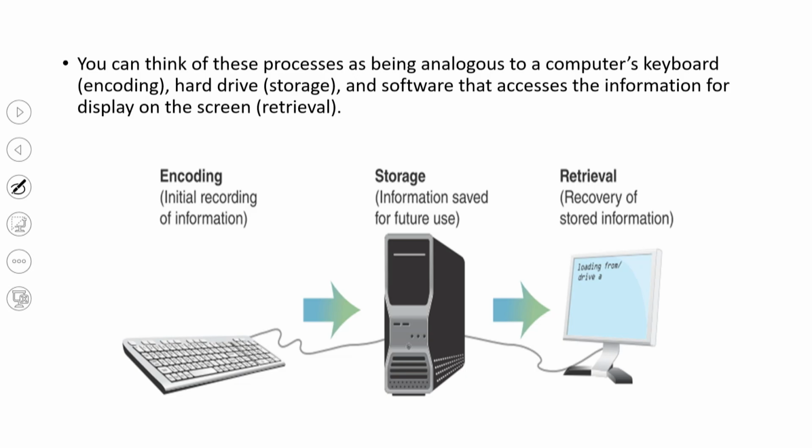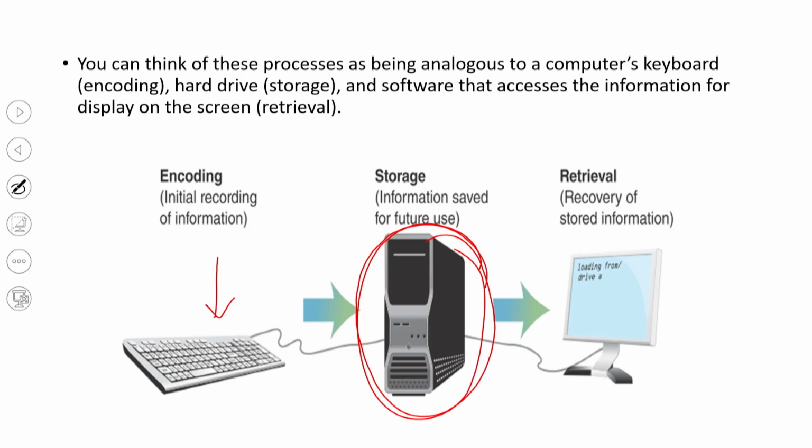How do you give data to a computer? Through the keyboard, you write and give whatever information is needed. That information gets stored in the storage or hard drive. So, here encoding is happening, here storage is happening.